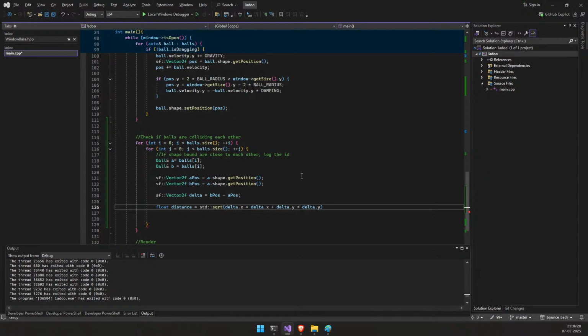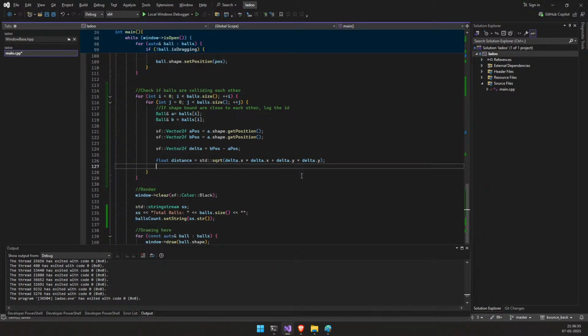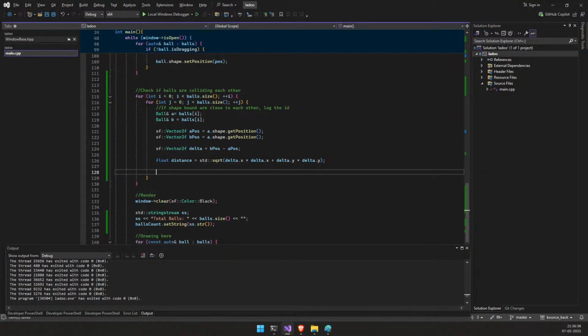The dimension formulas are new to me. Here we are getting its vector.